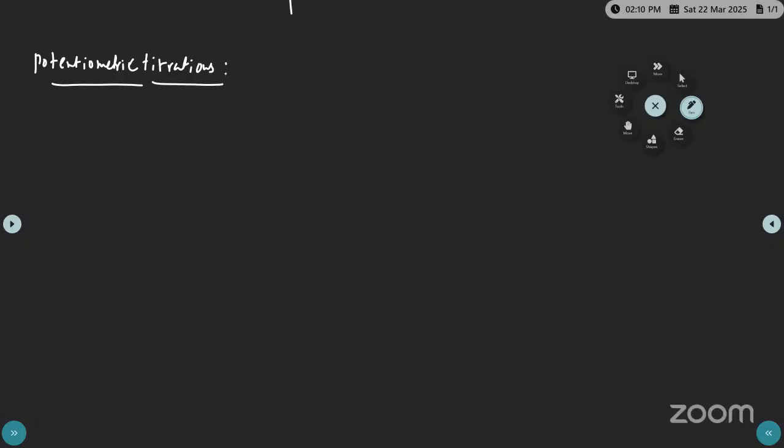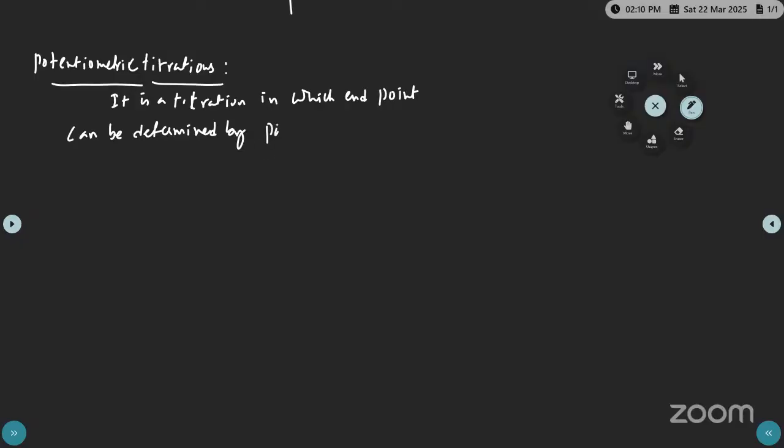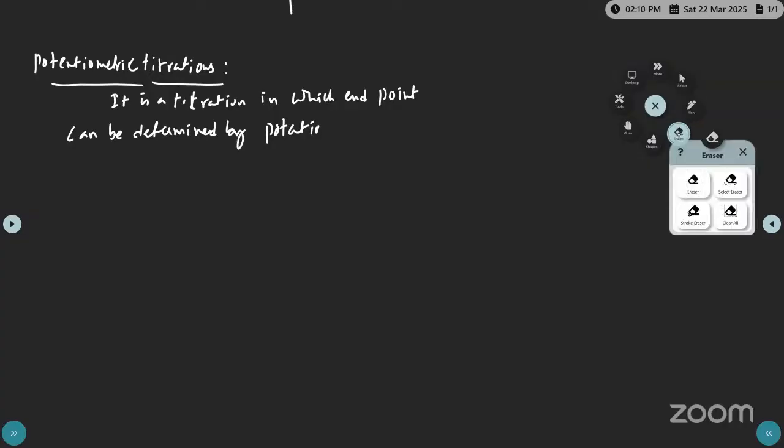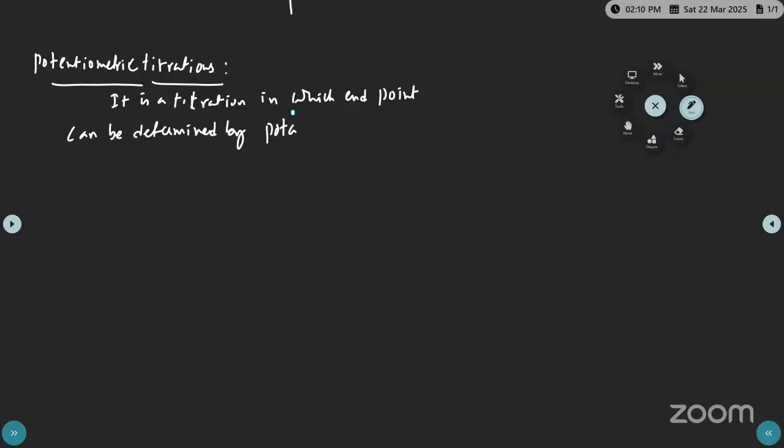It is a titration in which the end point can be determined by the potential values.